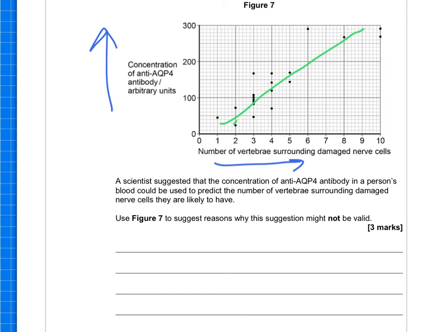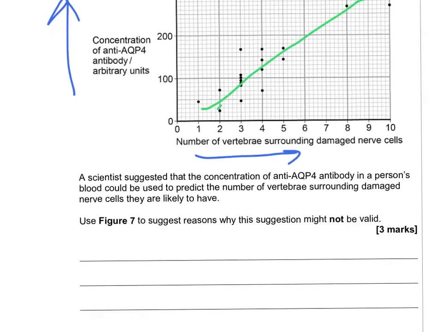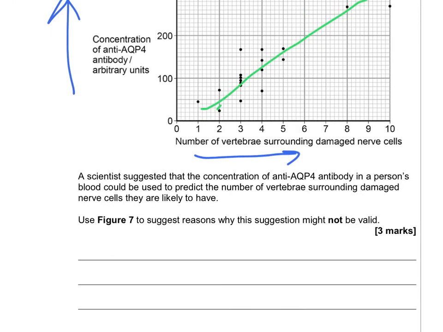The scientists suggested that the concentration of anti-AQP4 antibody in a person's blood could be used to predict the number of vertebrae surrounding damaged nerve cells they are likely to have. And it says, use figure 7. Oh, look, it's bold again. Use it to suggest reasons why this suggestion might not be valid.